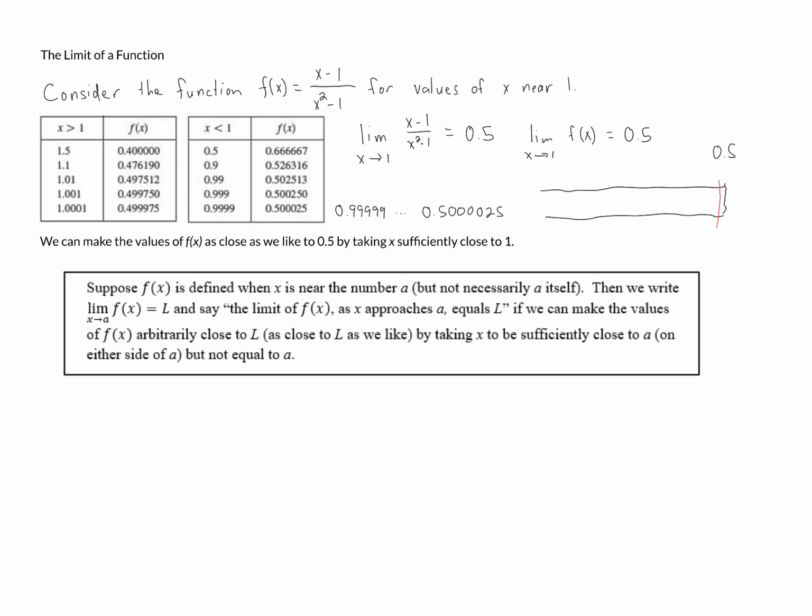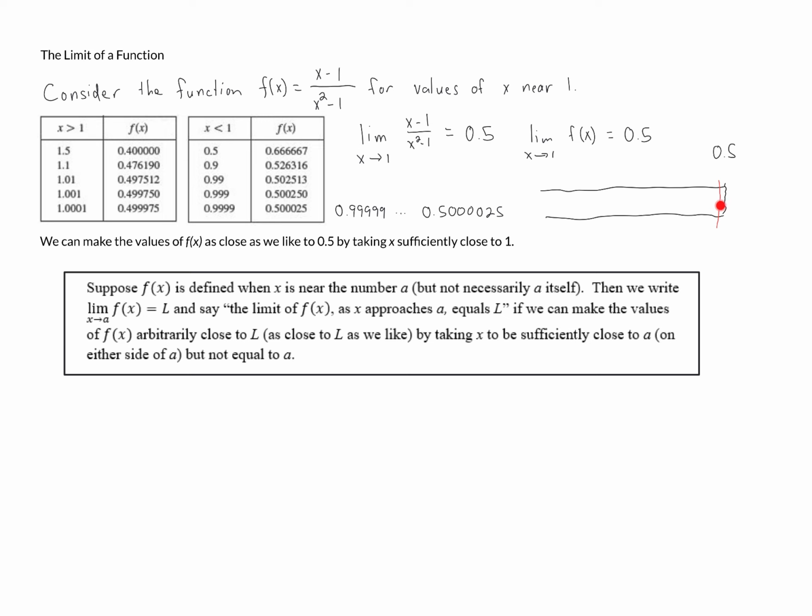What this is saying is the reason this limit is equal to 0.5 is because on both sides, we can pick values of x that get close enough to 1 such that f of x is getting closer and closer to 0.5. And it never stops short behind a barrier before 0.5.